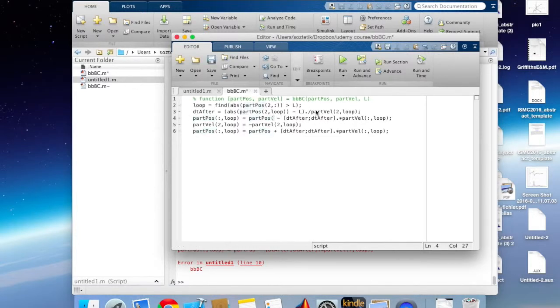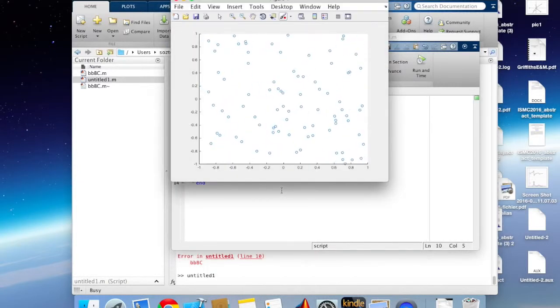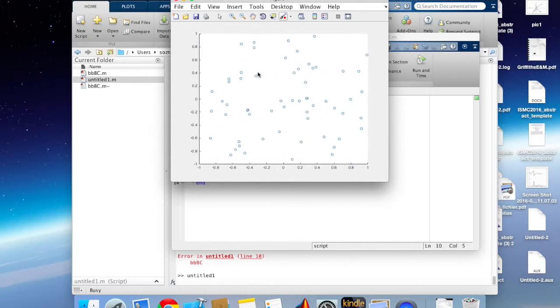I forgot the loop here. You can see particles are bouncing off of the y boundary.